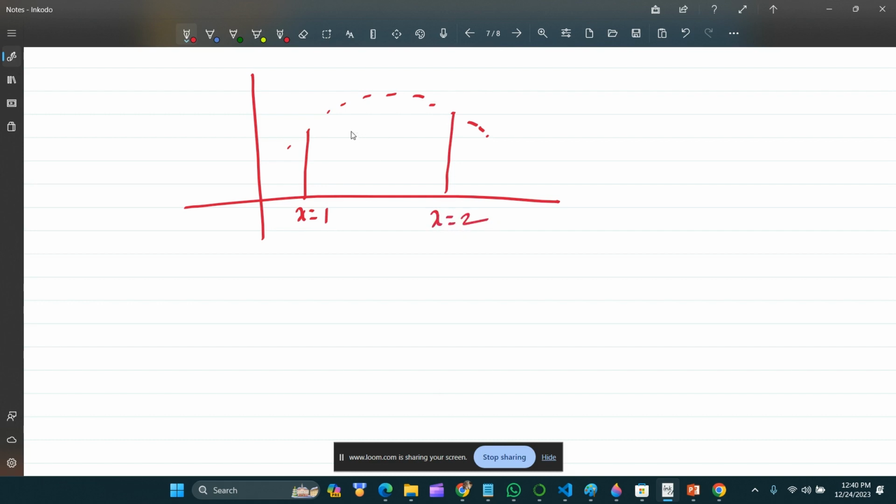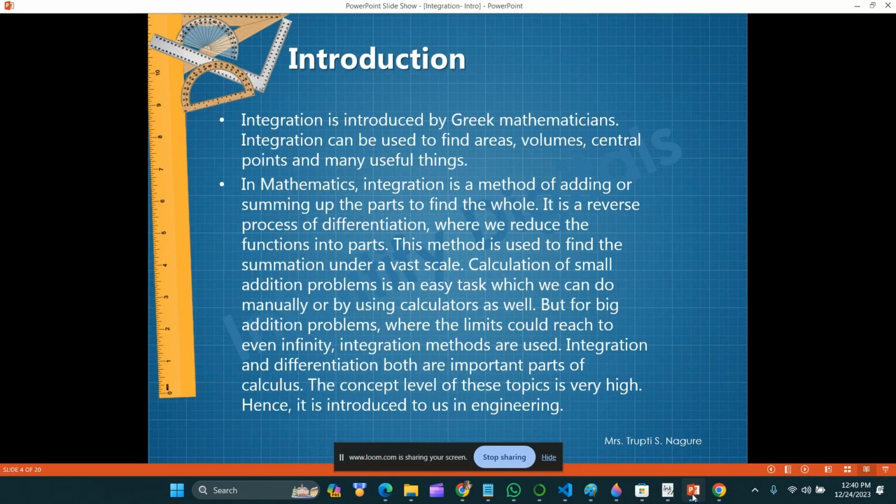Okay, then we have to find the area under this curve. This has no proper shape. So for different kinds of shape, we have to find areas and volumes using integration.